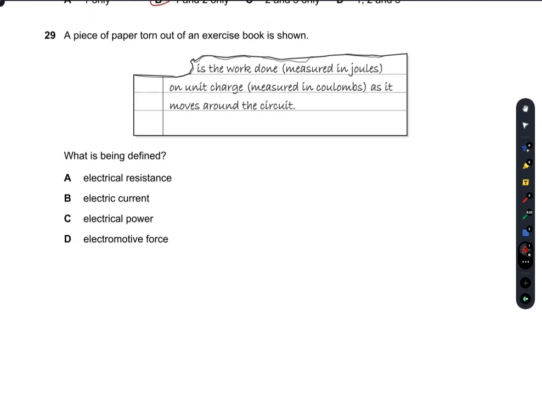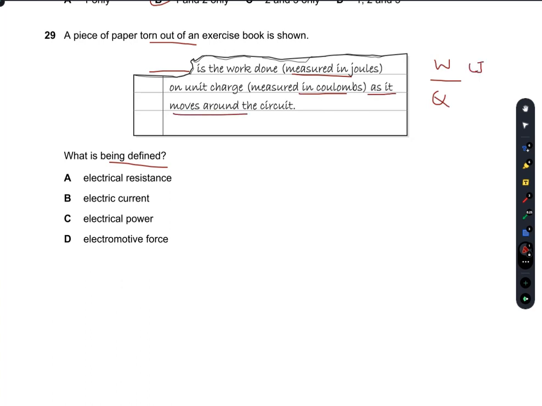A piece of paper torn out of an exercise book is shown. What is being defined? This is the work done, measured in joules, on unit charge, measured in coulombs, as it moves around the circuit.